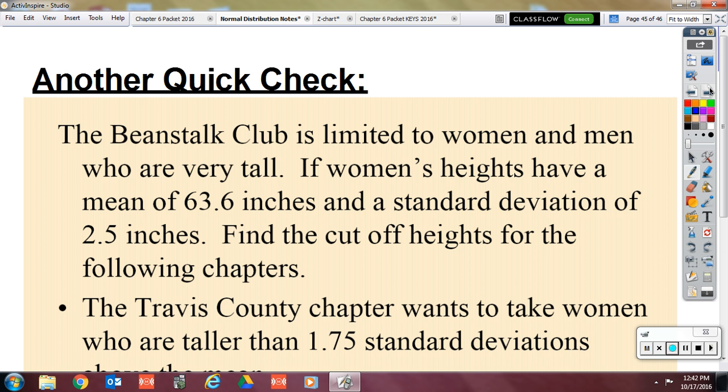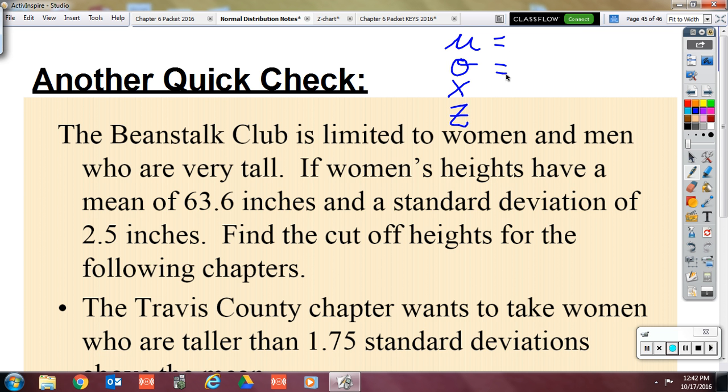Okay, so here, the Beanstalk Club is limited to women and men who are very tall. If the women's heights have an average of 63.6 and a standard deviation of 2.5, find the cutoff heights for the following chapters. So, first thing I want you to know is that every problem is going to have a mean, a standard deviation, an x value, and a z-score.